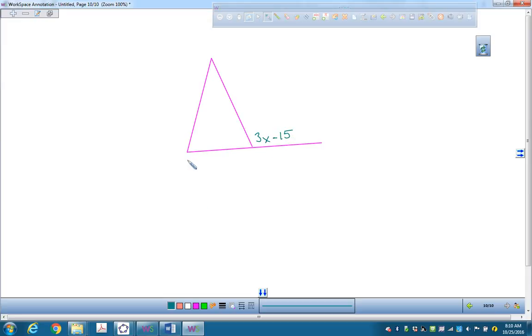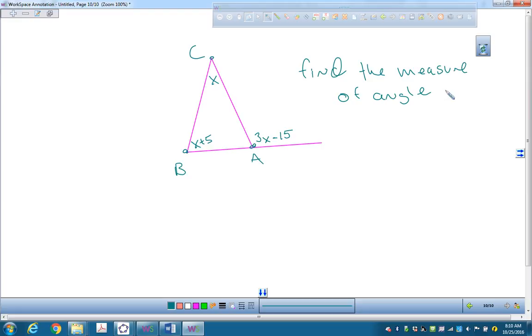And this angle here is x plus 5. And this angle over here is x, okay? Find the measure of angle, let's label this correctly, A, B, C, of angle ABC.